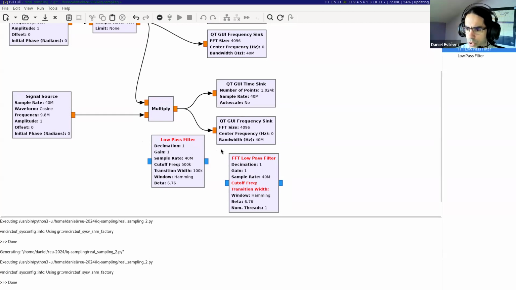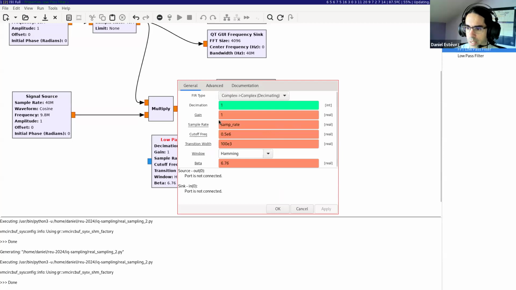Usually when you want some large filter, and by large filter, I mean it has a large number of taps. The thing which is behind one of these filters is a list of coefficients, which are numbers that get multiplied by the function to compute the output. So if I have many taps, if I have many numbers, then I need to do many multiplications, and that costs CPU time.